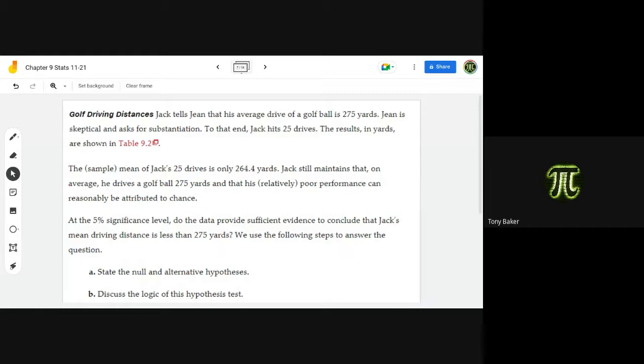All right, so what's my null hypothesis? Jack tells Gene that his average drive of golf balls is 275 yards. So that's the null hypothesis. What's the alternate hypothesis?